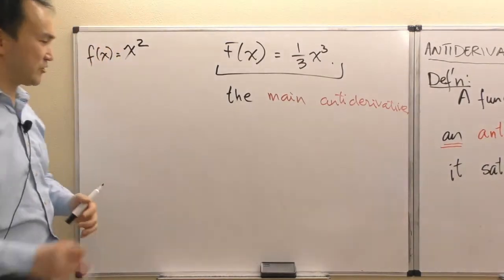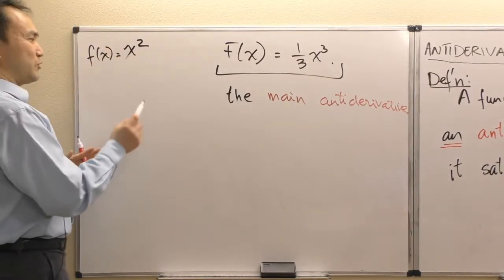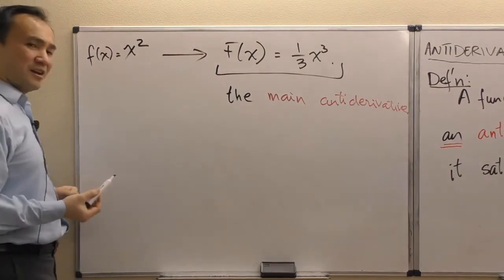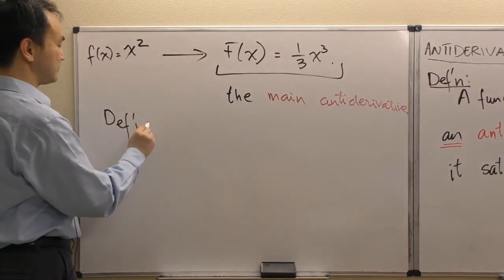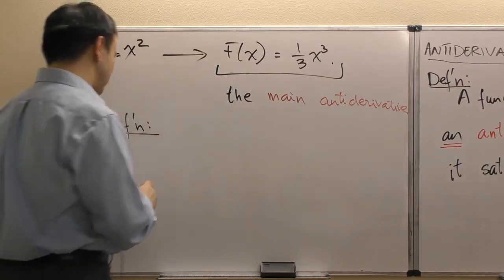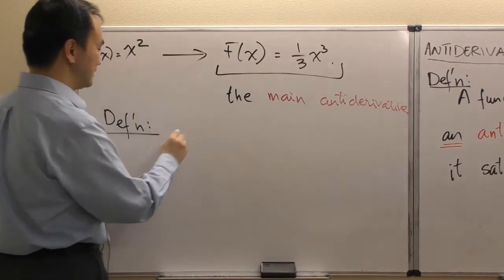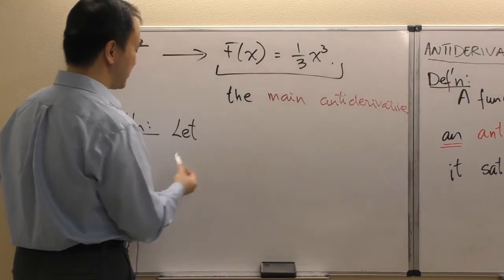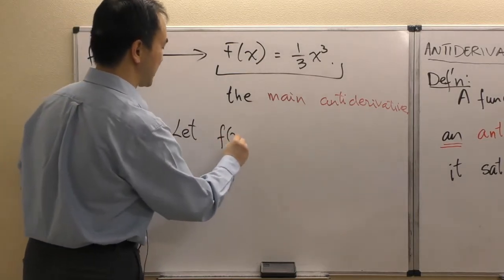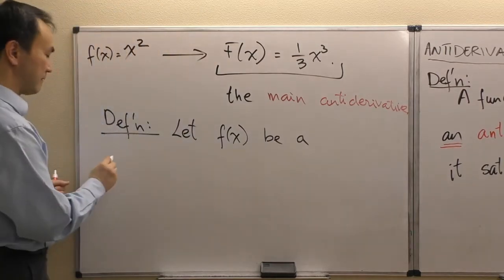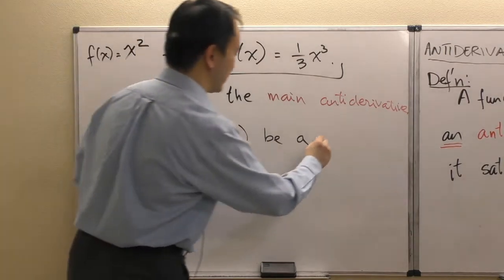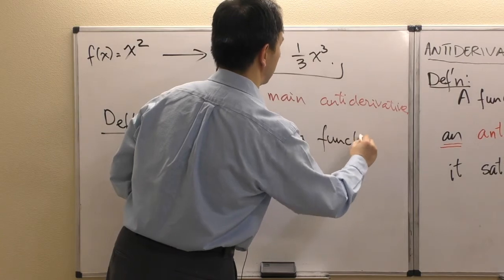Once we've identified things that way, there's another definition. I'm going to start out this time in my definition: let lowercase f of x be a function, just any function.